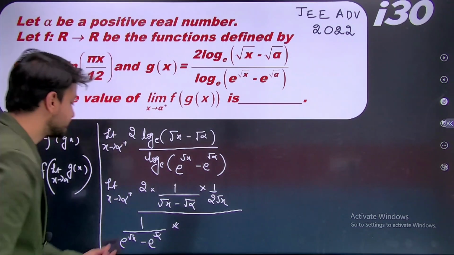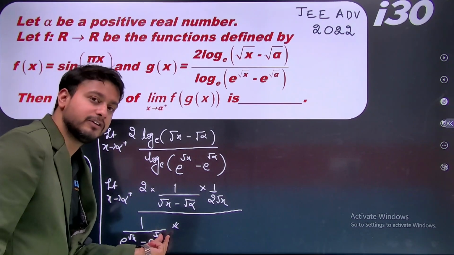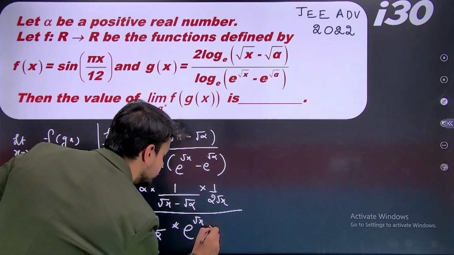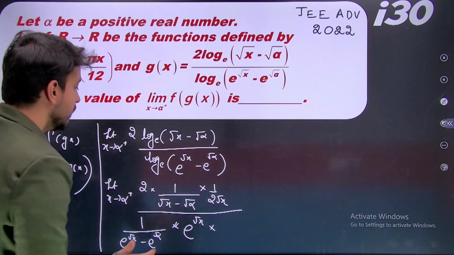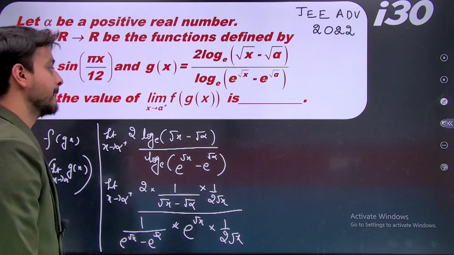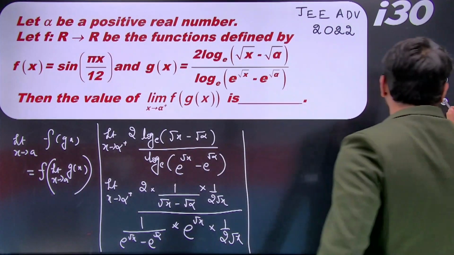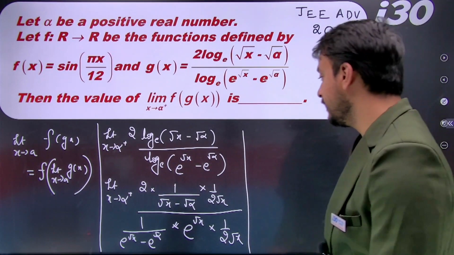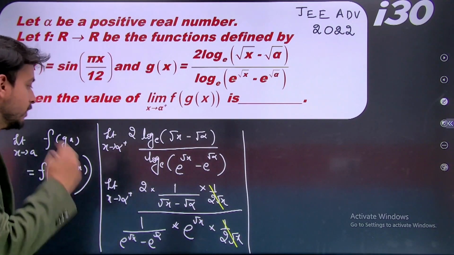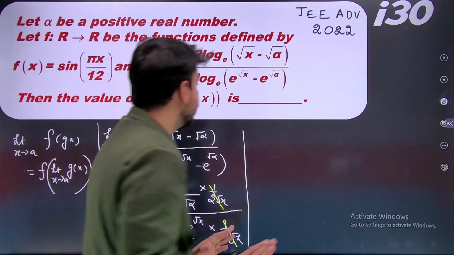The differentiation of e^root alpha will definitely be 0. E^root x will be e^root x into 1 upon 2 root x. Fantastic. Up till now, it's a very simple calculation, not at all difficult. We can definitely see that 1 upon 2 root x and 1 upon 2 root x would get cancelled. This would flip up and we will get a certain denominator as well.